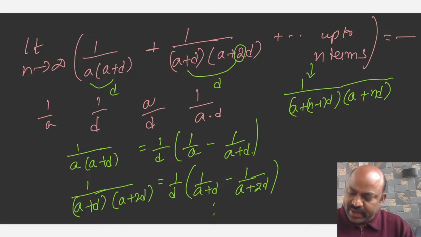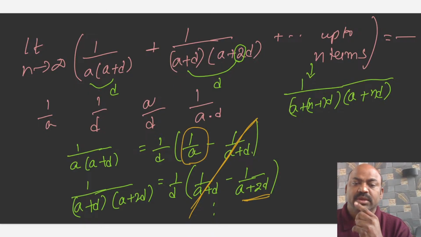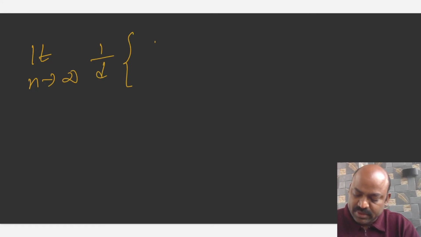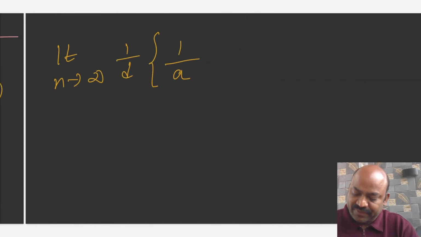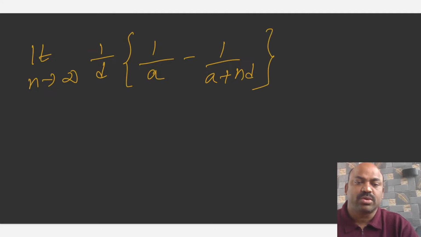So, like that, if I add together, what will happen? See, these opposite terms will cancel. If I take two terms, my first term is left and the last term is left. Then if I take n terms, my first term will be left and the last term will be left. So the final answer will be 1 by d common. The first term is 1 by a left, minus the last term is 1 by a plus nd.